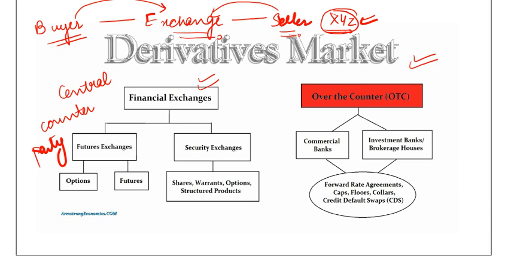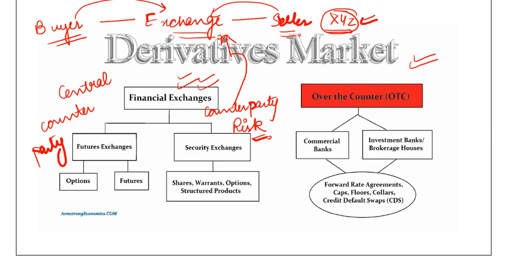So this is the demand and supply concept, and there is less chance of counterparty risk, because that risk won't be borne by the buyer or seller, that risk will be borne by the exchange.